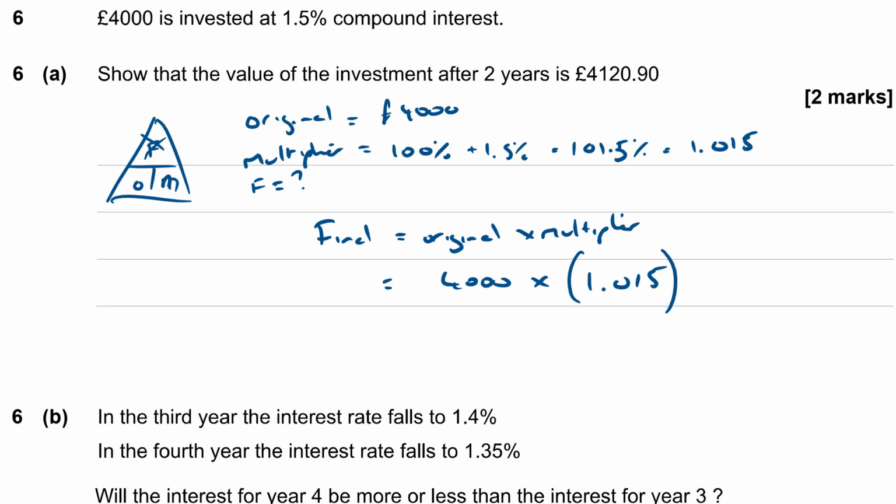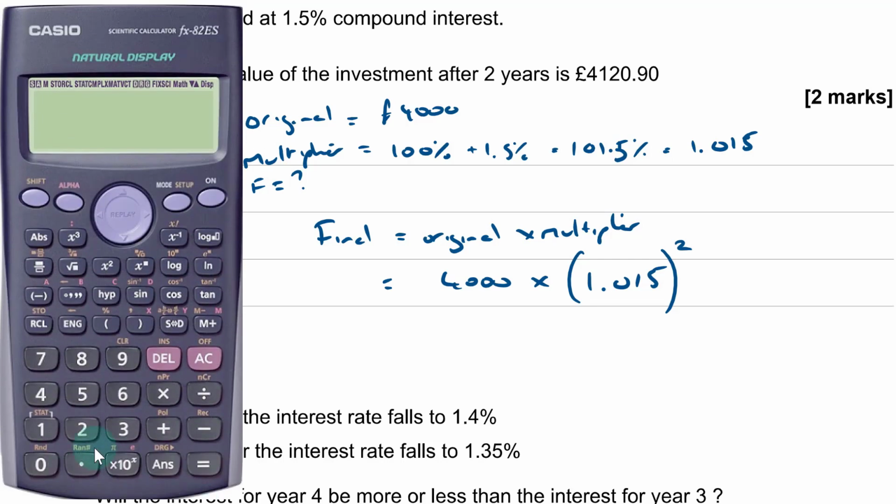Now if I want to do compound interest, I raise that multiplier to the number of years or the number of times I'm going to apply it. So it's going to be 4,000 times 1.015 squared. Time to reach for the calculator again. 4,000 times 1.015 squared is £4,120.90, as required.